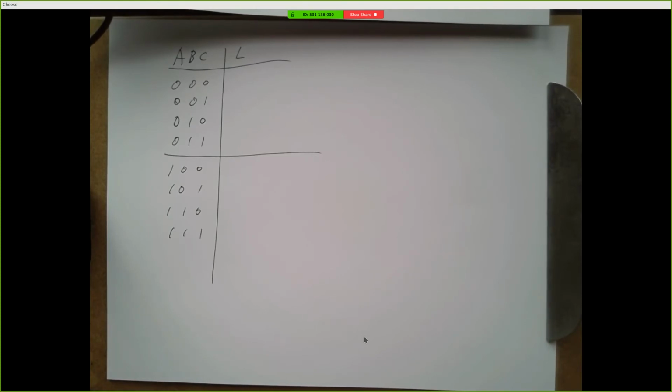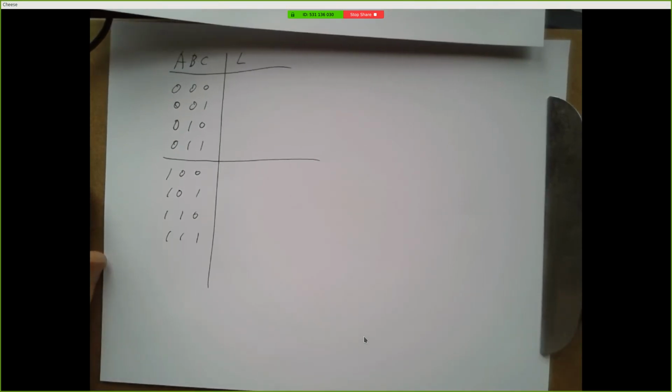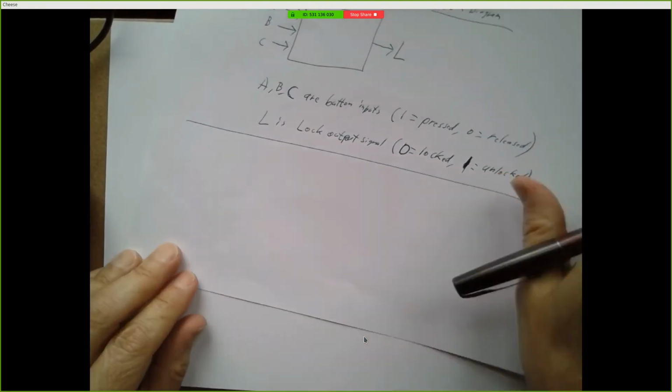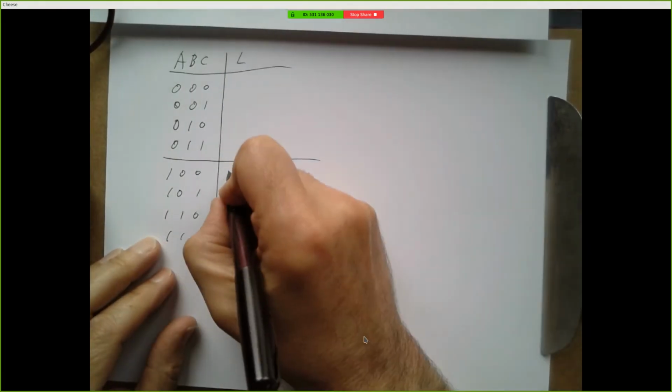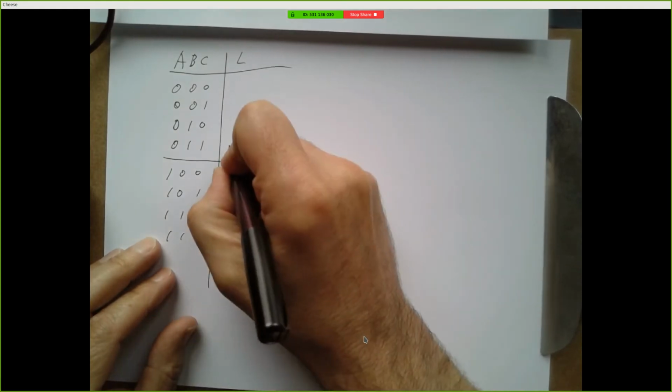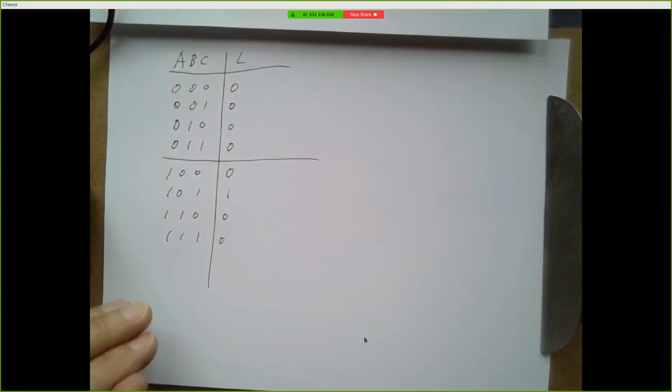Anybody give me a 3-bit number? 101. Perfect, thank you. So our secret unlock code is 101. To unlock, we want a 1, so we're going to put a 1 right there. And for any other combination, we're going to have a 0.